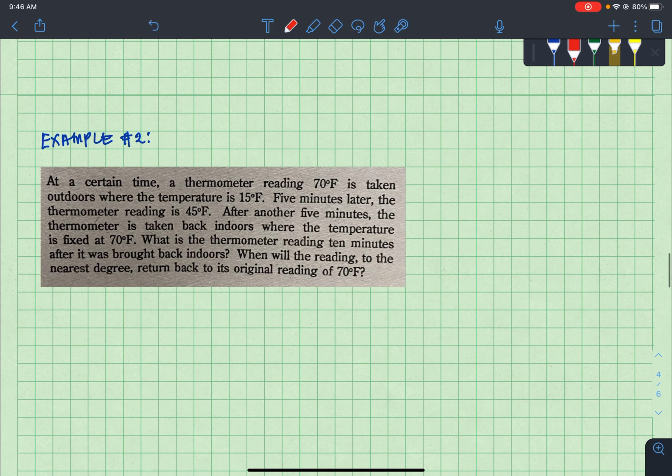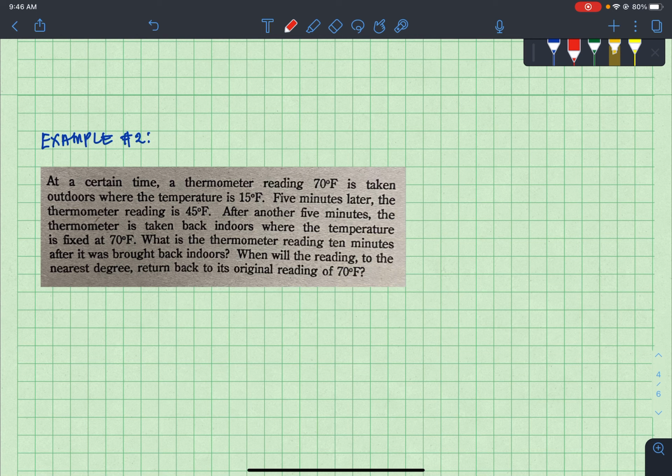Next, the second example is something that changes its environment. There is a change in the environment, but I'll be discussing that later on whenever we are dealing with this type of problem. Let me read first. At a certain time, a thermometer reading 70 degrees Fahrenheit is taken outdoors, where the temperature is 15 degrees Fahrenheit. 5 minutes later, the thermometer reading is 45 degrees Fahrenheit.